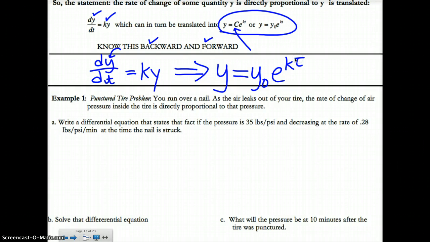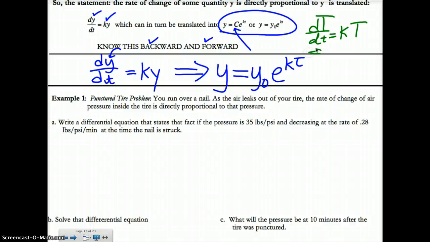Now, what I like to do with these word problems is whatever's changing over time, for example, if it were temperature, then I would say dT/dt is equal to kT. Maybe that's what's proportional.